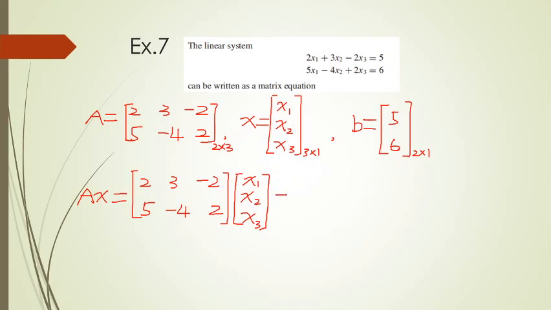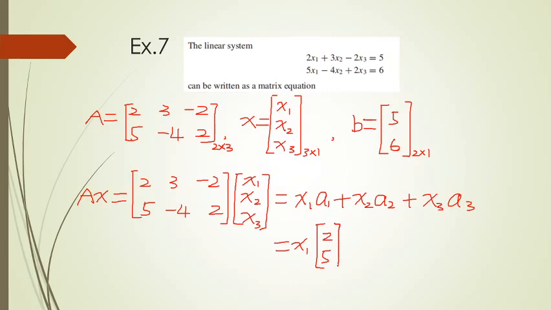So we can rewrite it as x1 times the first column vector plus x2 times the second column vector plus x3 times the third column vector, right? So what is the first column vector? 2, 5, plus x2 times the second column vector, 3, minus 4. That is the second column vector in matrix A, right? A1, A2, A3.